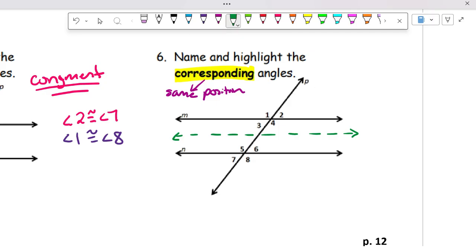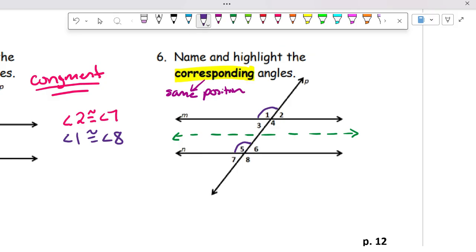Can someone name me one set of corresponding angles? 1 and 5. Just like how alternate interior and exterior were rotations, these would be a translation. They just slide down and a little bit over. If you did a translation from 1 to 5, it just slides right on top of each other. So since it slides right on top of each other, what do we know about translations?